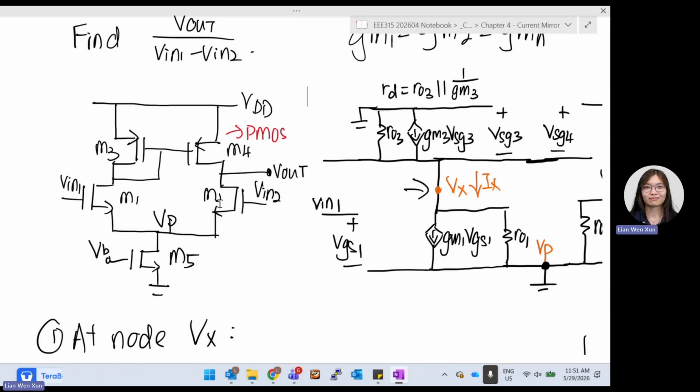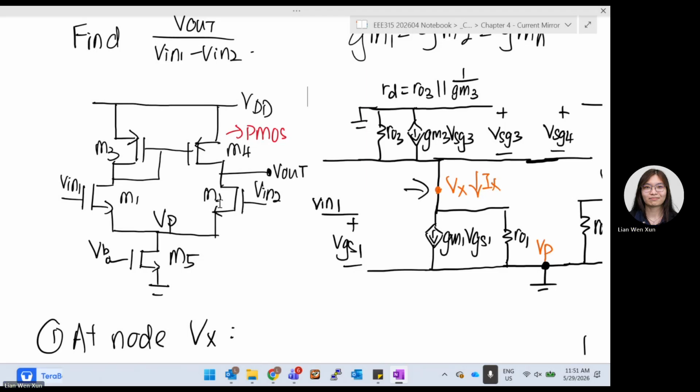You have a current that flows down, a negative 0 minus Vx divided by Rd flowing down. The same current will flow down to M1, so we don't really need to model M1 for now. We model it as negative Vx over Rd, the current that flows to Vp.